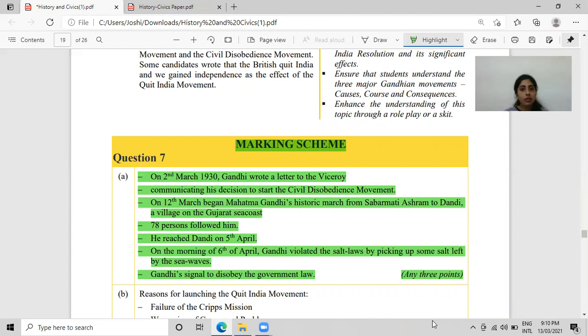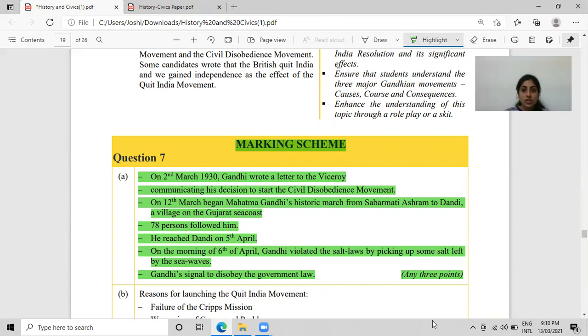Though this question is for 3 marks, I would suggest you write down 4 points because here the explanation of a particular event is being given. In the previous question, question number 6, they had asked for 3 causes, where we could easily mention 3 points.